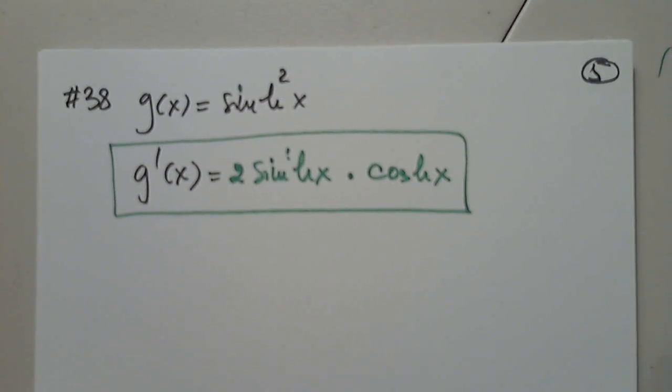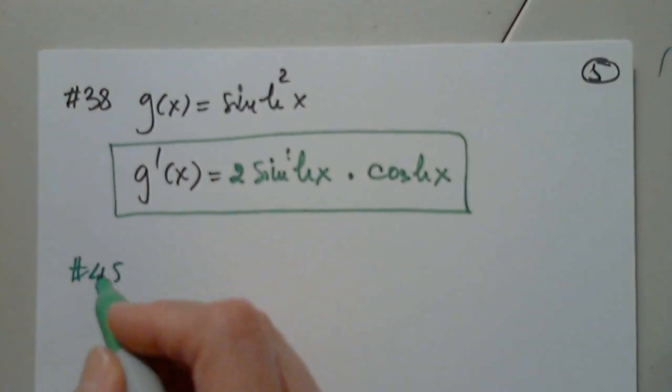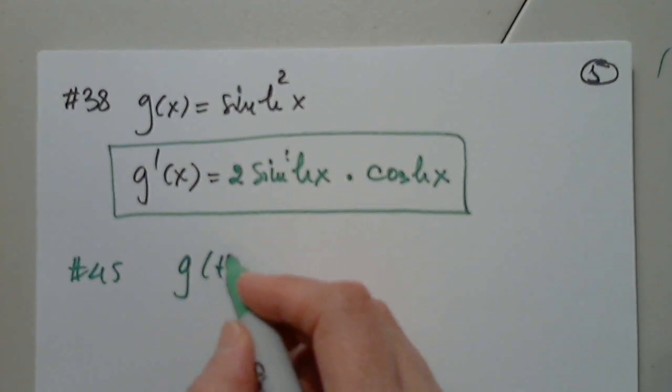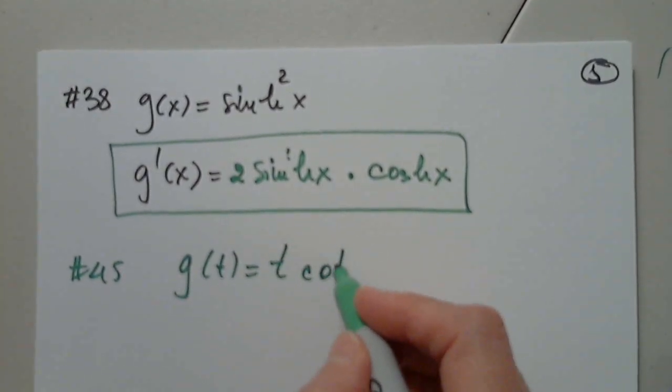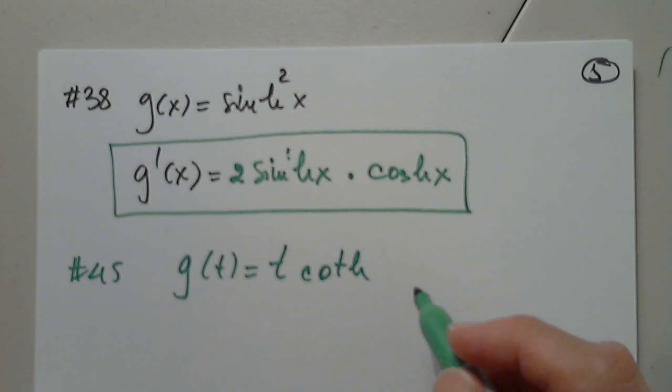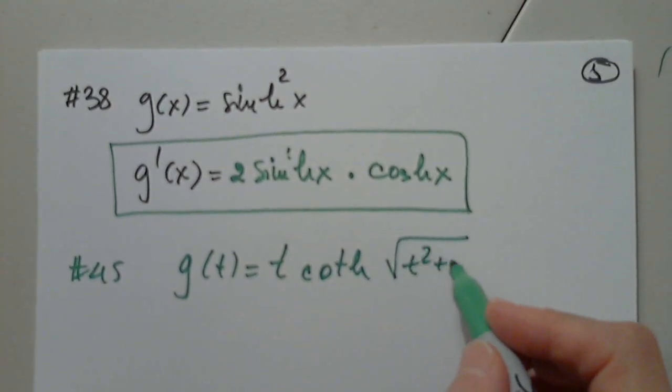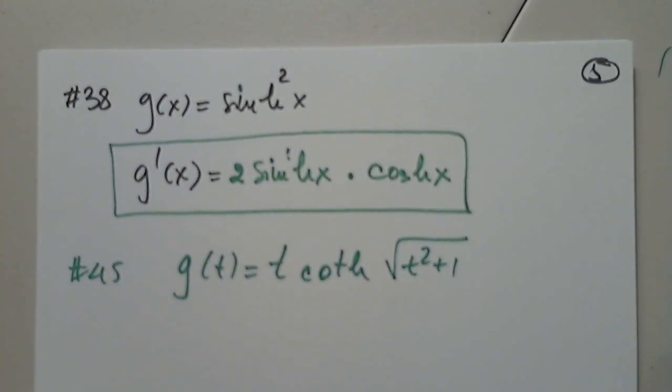What about 45? In 45, we have g of t equals t times hyperbolic cotangent of the square root of t squared plus 1. Okay.